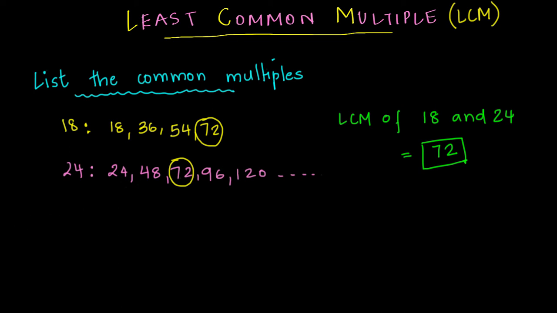But it can get quite frustrating if you have to keep listing the multiples and keep going on, and it takes a while to find a common multiple. Also, if there are 3 numbers, then this method to find the LCM can become quite tedious. So in the next 2 videos, we are going to look at the other 2 methods for finding the LCM, which might be more efficient than this method for some numbers.